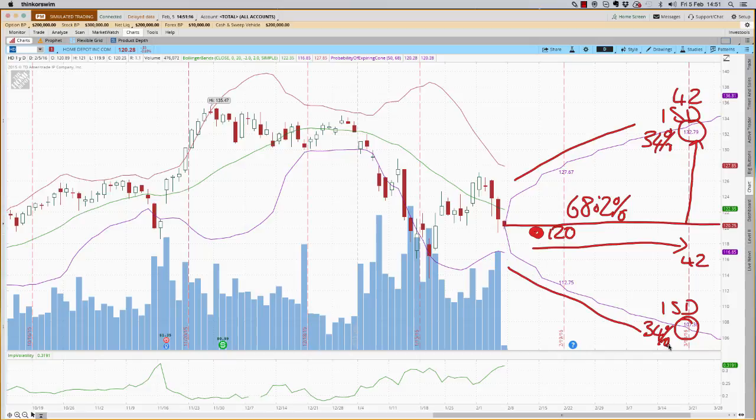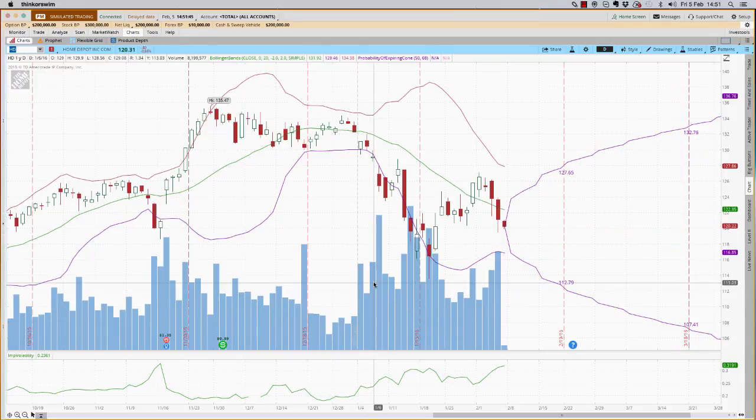It's 34 and change, as we know. But what we do know is that to get that furthest extreme, either up or down, there's a 34% probability that price will close above one standard deviation or below one standard deviation from the current stock price. That's what we're saying. Let's take a look at that on the option chain.